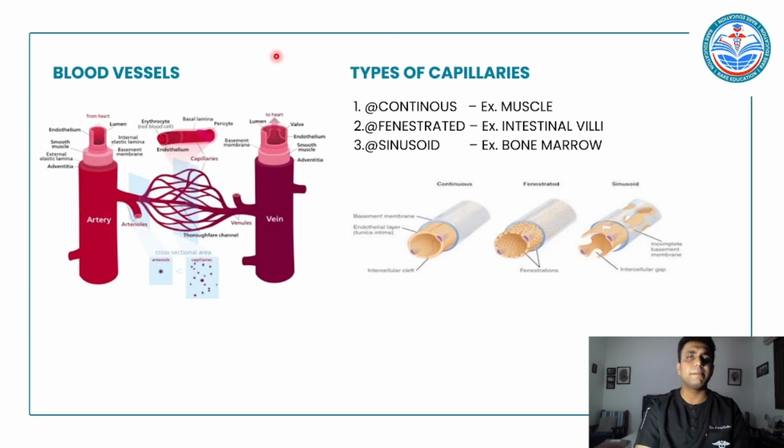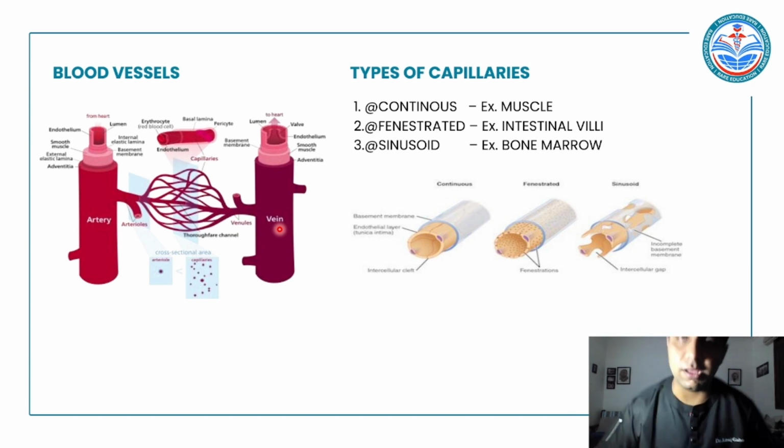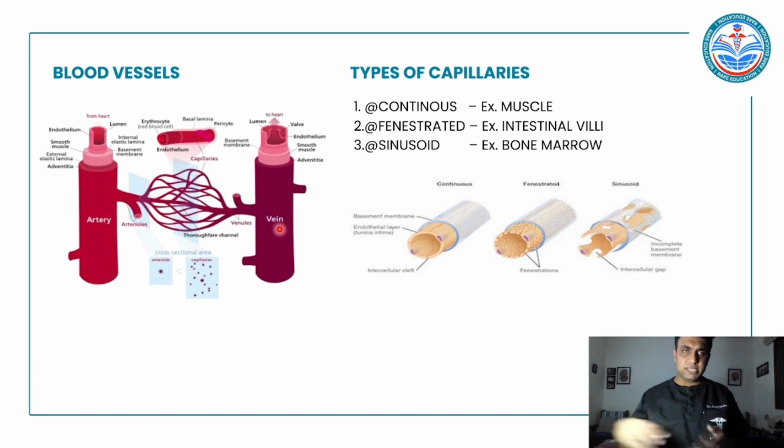Now, blood vessels, another very beautiful and small topic that we will discuss later, but let me just give you an introduction. Blood vessels, as we all remember from class 6, are artery, arteriole, capillary, venule, and vein. These are the 5 structures that are in sequence. There is another term that we always use and a lot of students get afraid of when we are studying this.